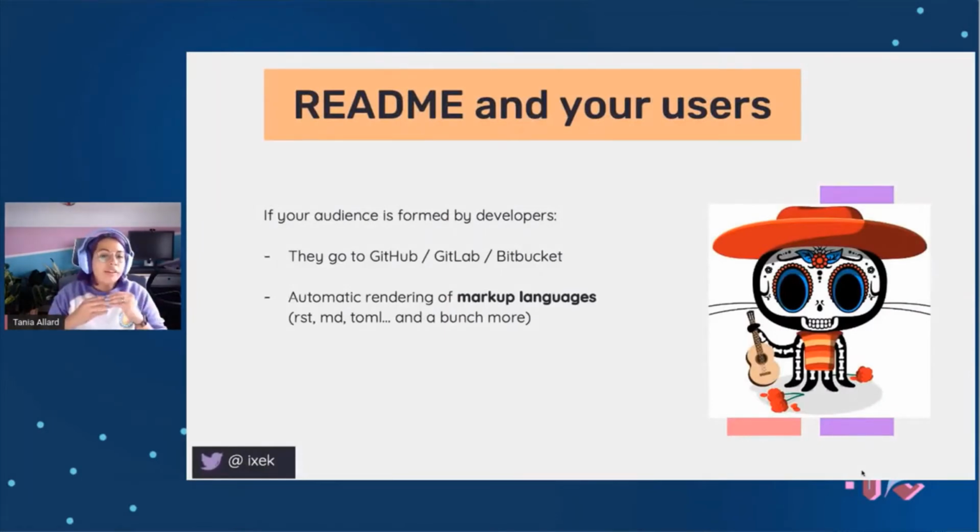And I dare to say that for developers or machine learners or makers and enthusiasts, the README is that landing page, that first interaction between them and your project. It doesn't matter if your project is in GitHub, GitLab, or Bitbucket.